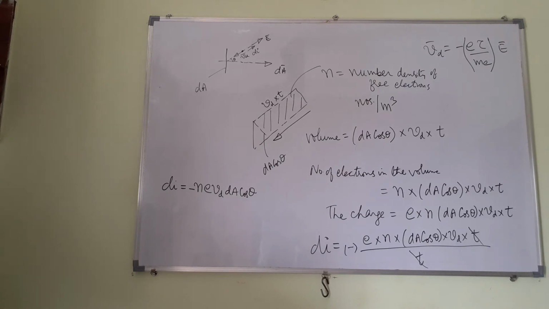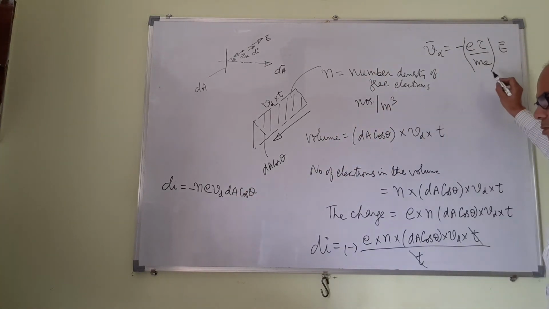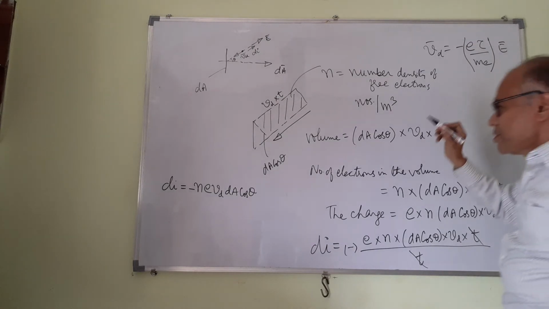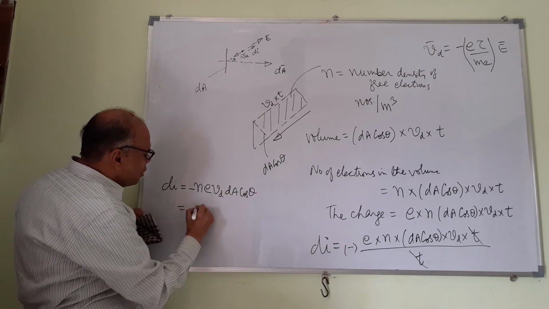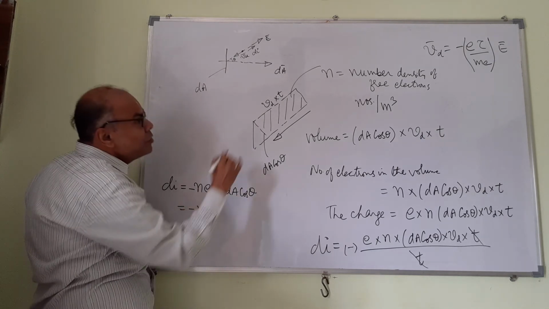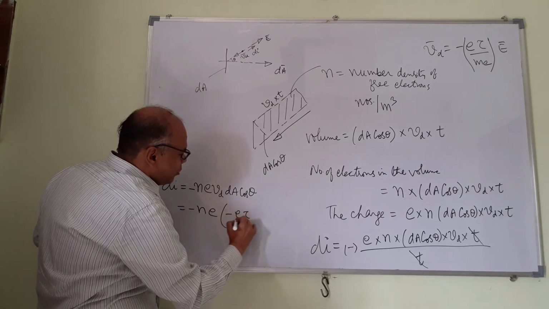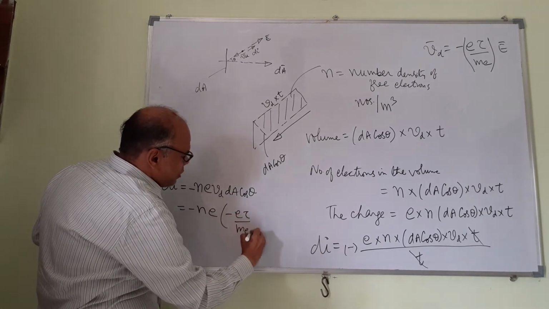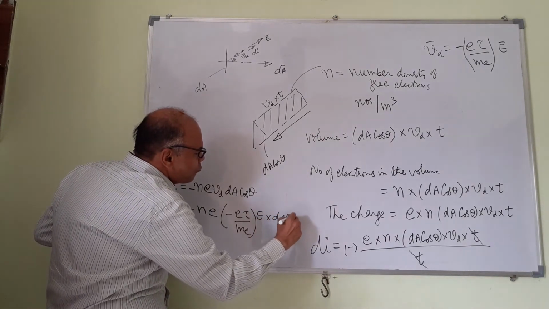Now we will substitute for Vd this expression. In a scalar form, because this is not still in the vector form, we will write this as N E Vd is minus E tau by Me into E into dA cos theta.